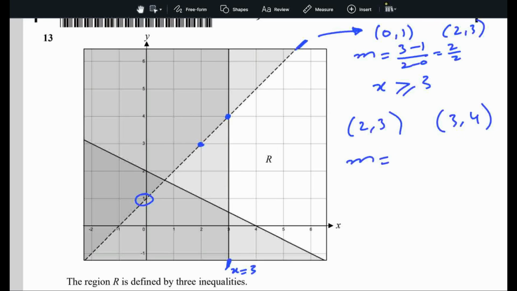Now the gradient will be 4 minus 3 divided by 3 minus 2, so 1 by 1. So the gradient will be 1. So we can say that the equation for this line will be y is equal to x plus 1, and the region for this will be y is less than x plus 1.